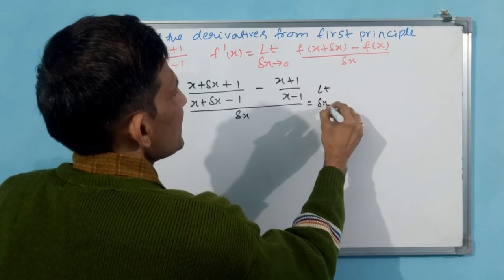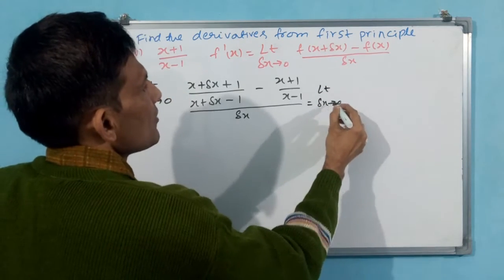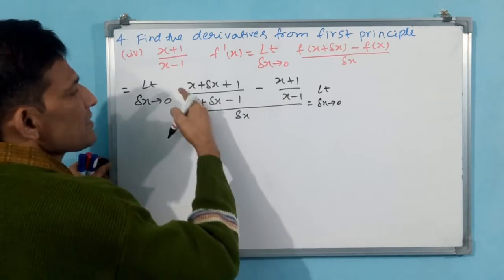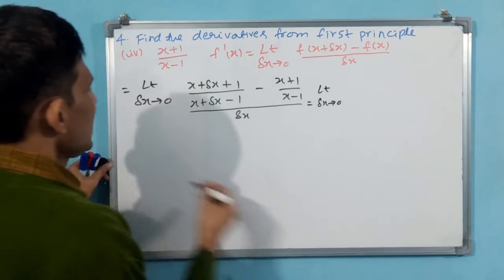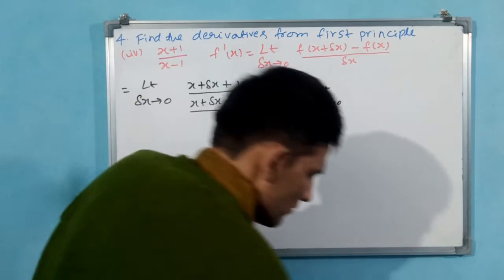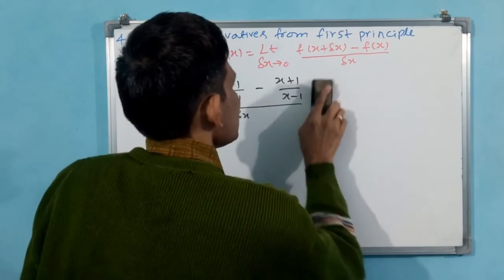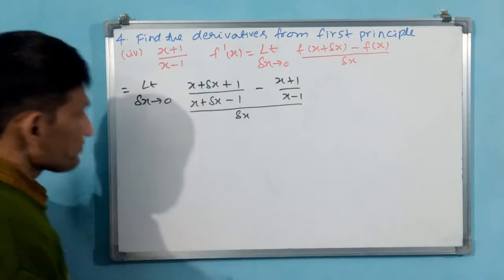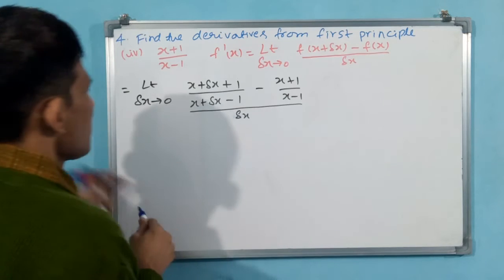Now you see what will happen. Limit delta x tends to 0. Now you cross multiply. We don't have space there. See what I am doing now.